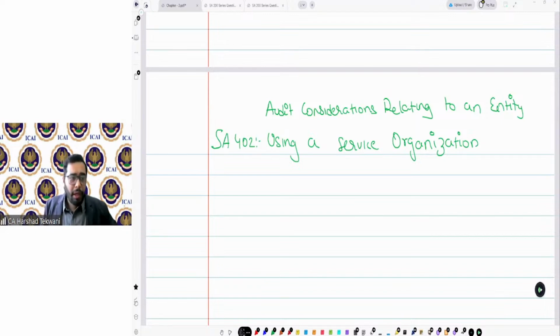So when I say audit considerations relating to an entity, if that is required to be understood, if that is required to be tested, then only we will consider that service organization. The first and prime thing here is that I need to understand two things.